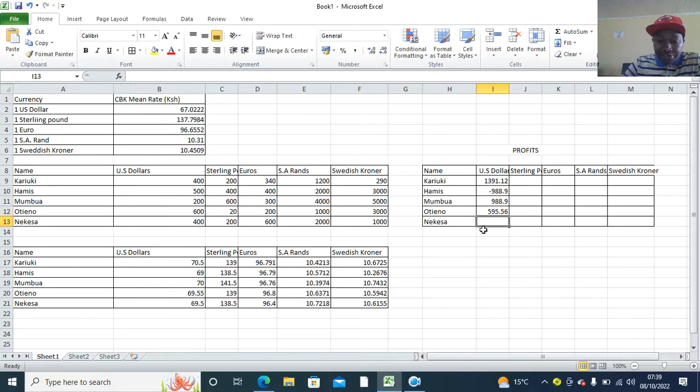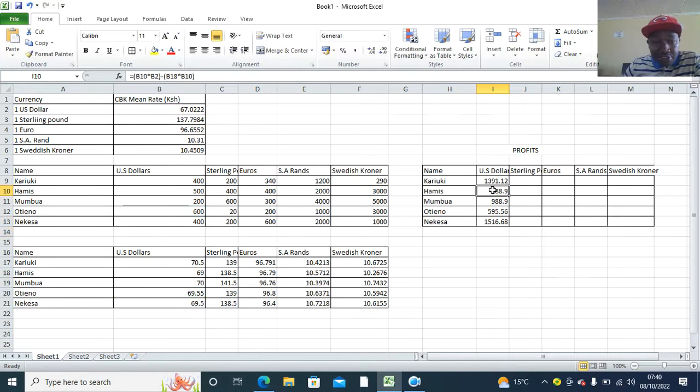Then this one again, Nekesa equals, open the bracket, not Nekesa, but Otieno bought 600 multiplied by his sold at that, minus, open the bracket, the same 600 multiplied by that is the US dollar, like that.